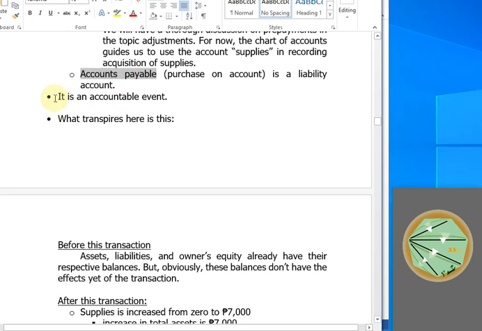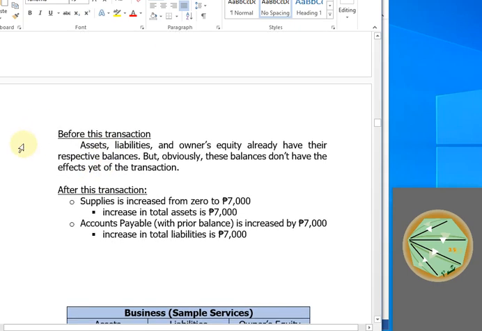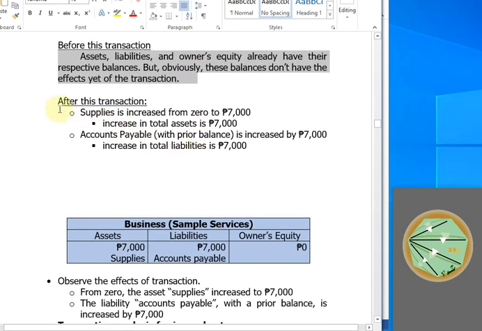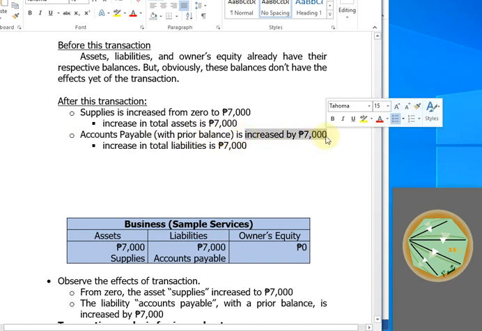So this is clearly an accountable event. Before this transaction, the assets, liabilities, and equity have their balances. After that, supplies increased from 0 to 7,000, and accounts payable with a prior balance also increased by 7,000.